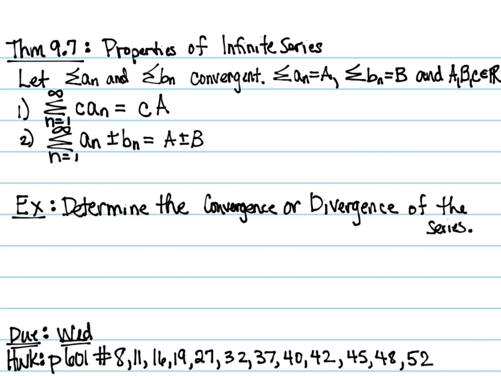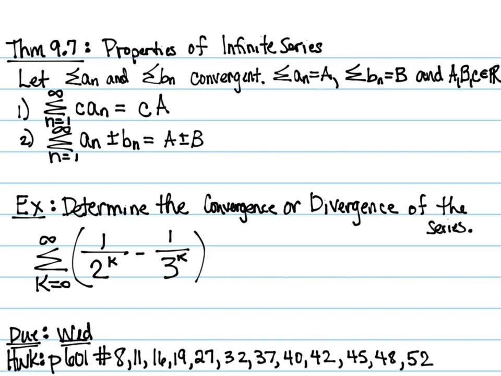Okay, and the example that we're going to look at is the sum from k equals 0 to infinity of (1 over 2 to the k minus 1 over 3 to the k). I guess in all technicality this is in parentheses, so I'll do that too, make it clean.